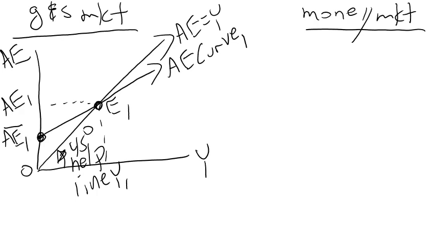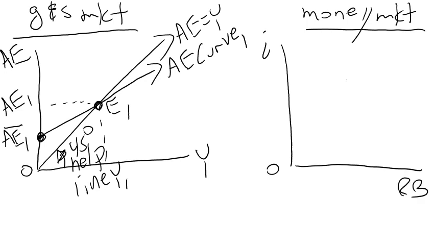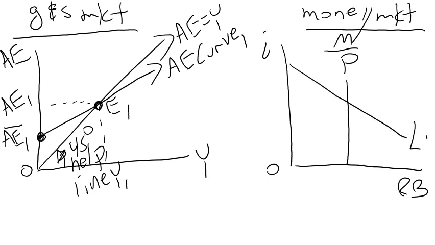On the right side, the money market, interest rate, real balances, M over P, M for the nominal money supply, P for the general price level, M over P, the real money supply, and of course L1, L being money demand, equilibrium, equilibrium interest rate and the equilibrium level of real balances.